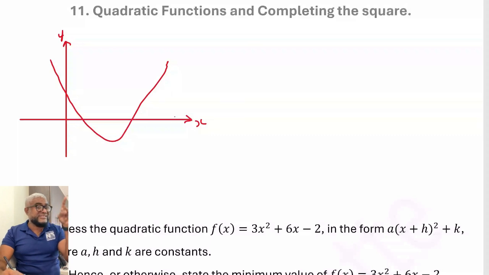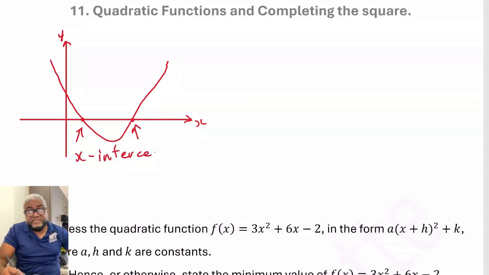how many times is this line cutting through the x-axis? At how many points is that curve cutting through the x-axis? Twice. So you will always have two x-intercepts, here and here. These will be your x-intercepts.